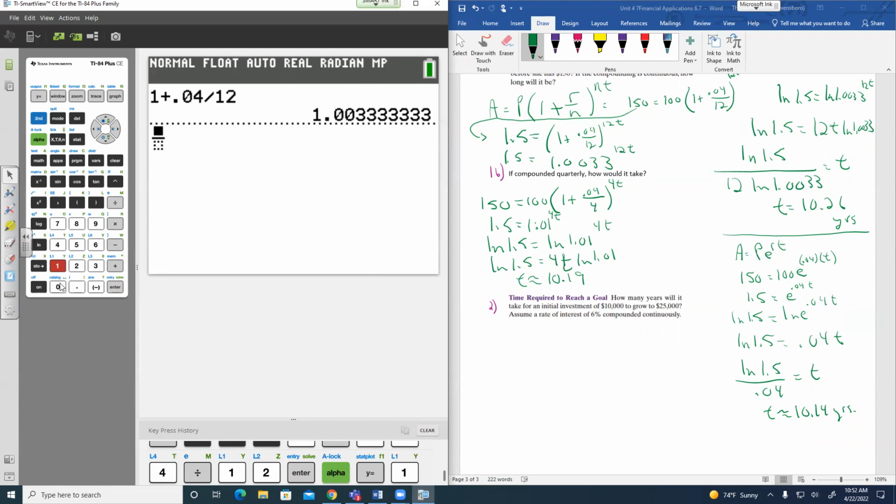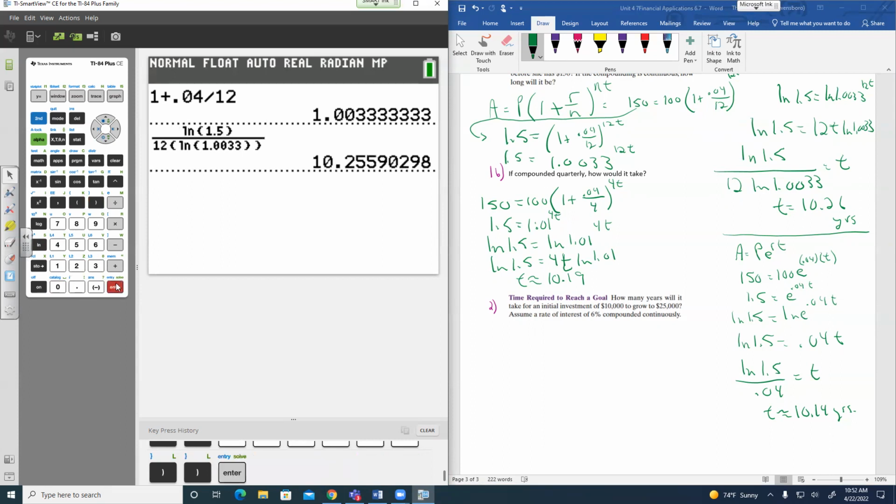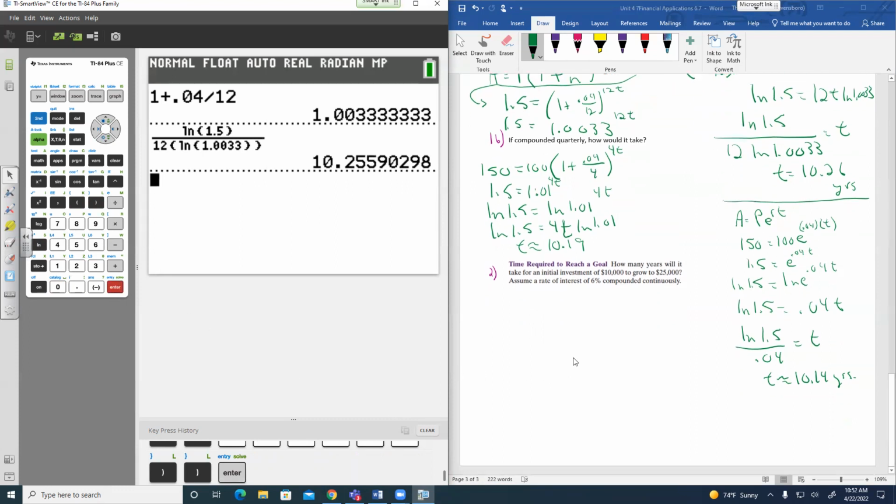We have the natural log of 1.5, and I'm going to divide that by 12, and then we're going to have the natural log of 1.0033, close parenthesis, hit enter. No, we didn't do anything wrong there, so my thinking must be just a little off. Anyway, that all looks fine.